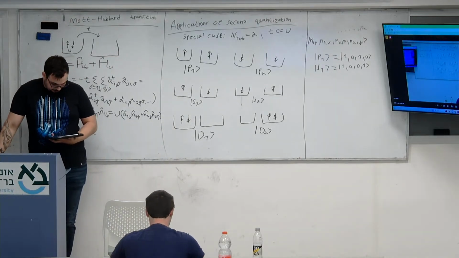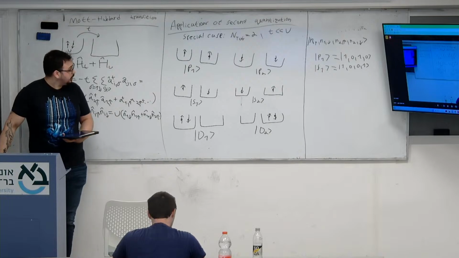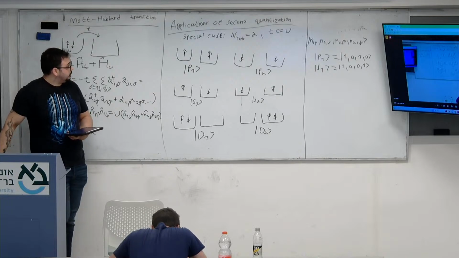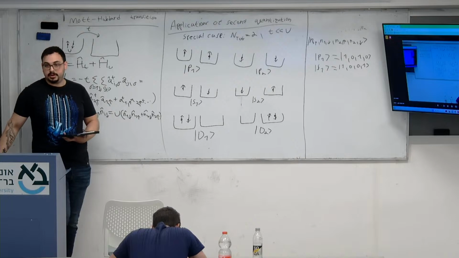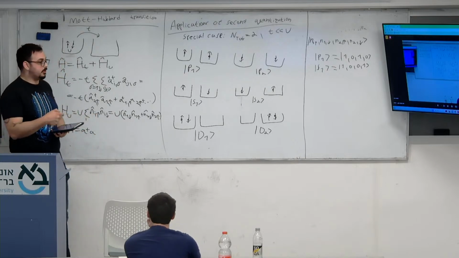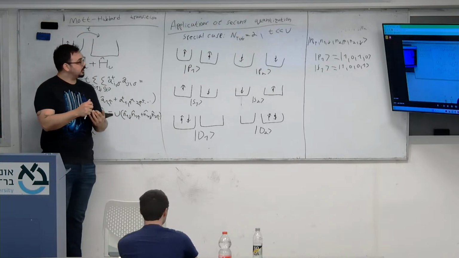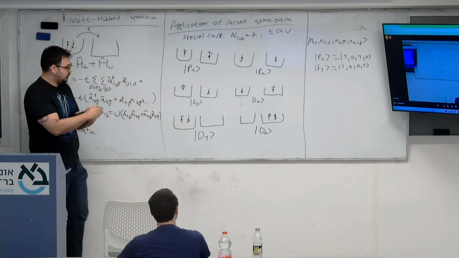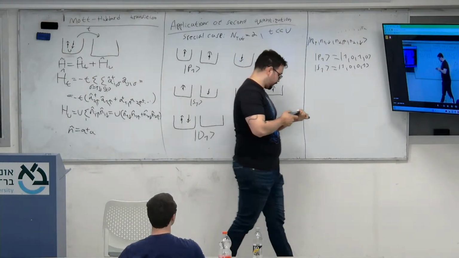All right. So the next step to analyzing the system is finding the eigenstates. We have two eigenstates which are very easy to spot: P1 and P2.